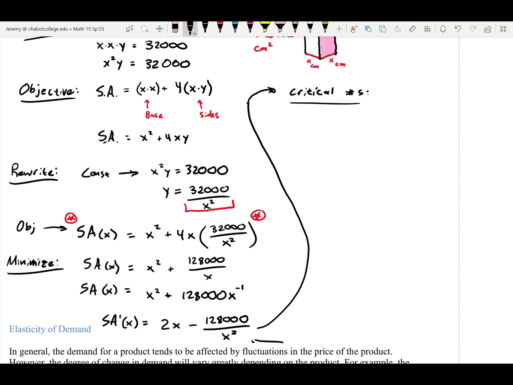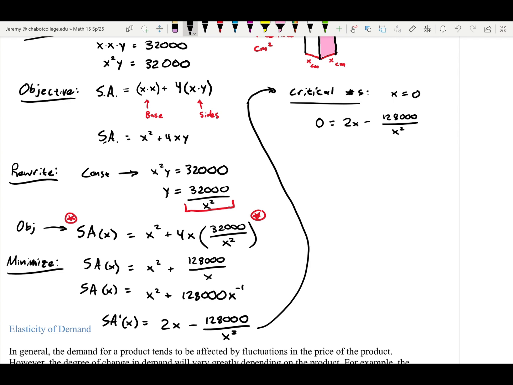I can tell you right away that we have a critical number at x equals 0, because it'll make that function undefined. So x equals 0 is one of them. But let's set the derivative equal to 0 and solve for x.